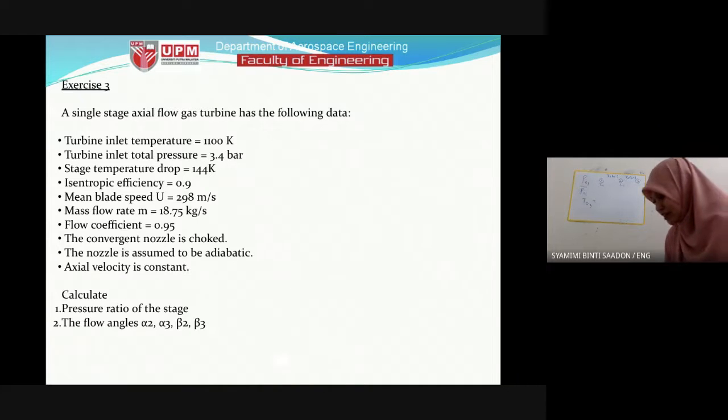Okay, T total 3. To calculate T total 3 first, we can use the value 1100 Kelvin, given, because T total 1 equals T total 2.